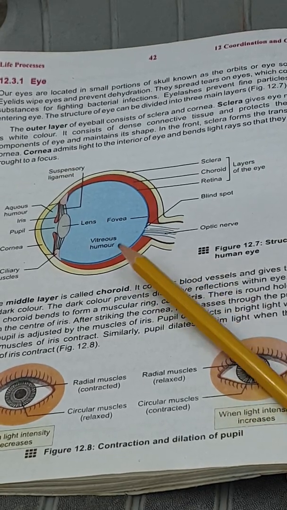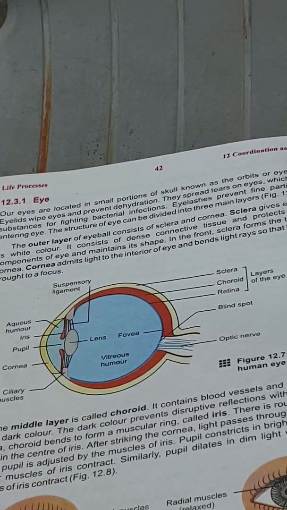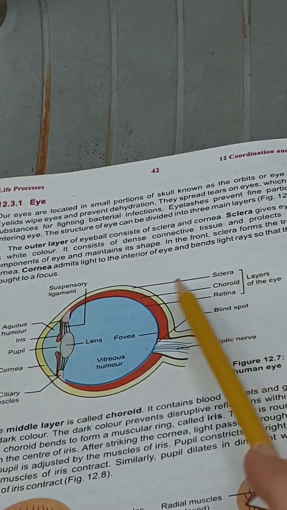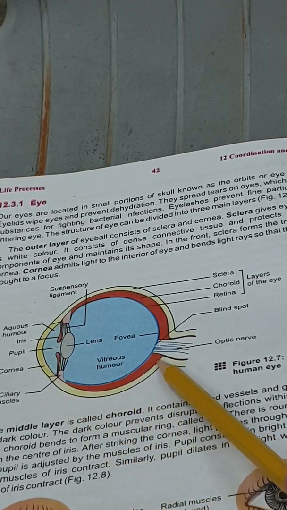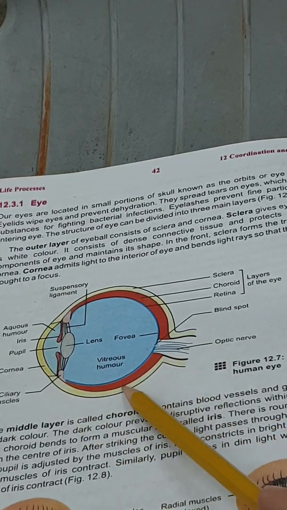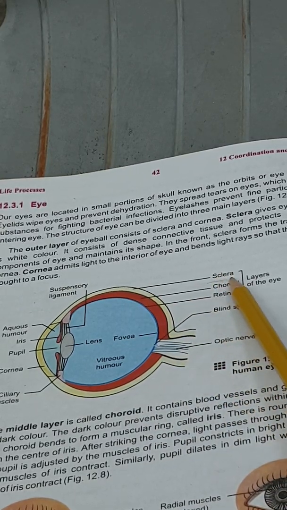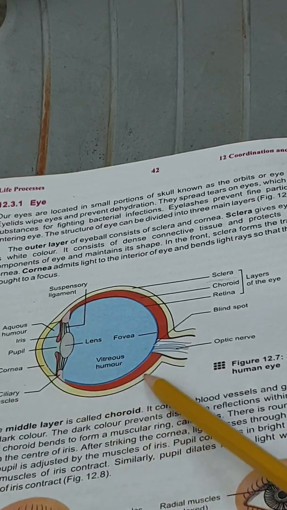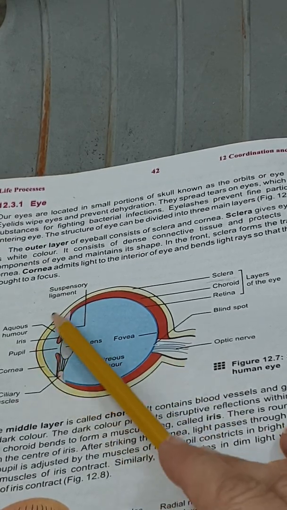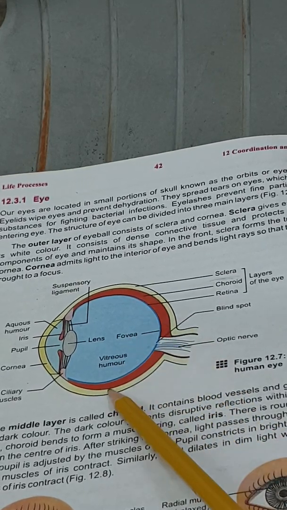If we see the transverse section of our eye, we can see the first layer of the eye, which is the white layer, and this is known as the sclera. Sclera consists of certain connective tissues, and it is responsible for the protection of the eye, and it protects the inner parts of our eye.